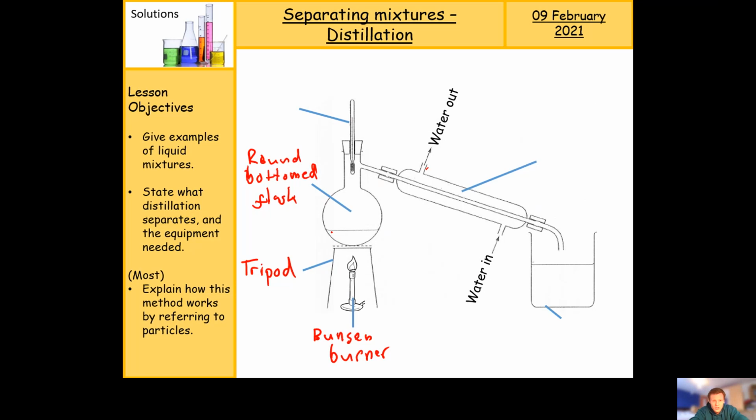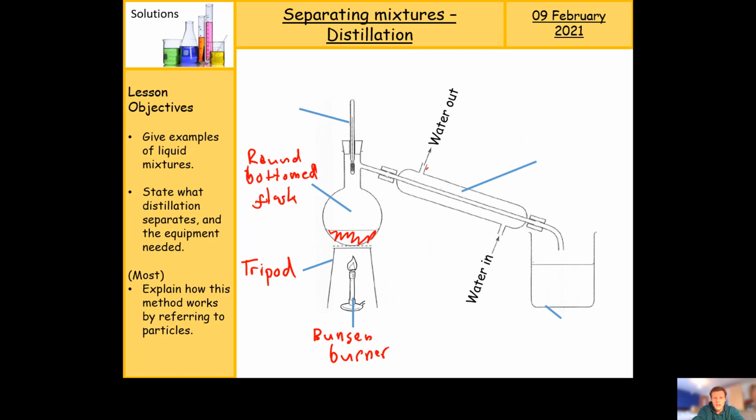And this is where we've got our solution. So we can see our solution is in here. For this example, we might be talking about salt and water. So here's our salty water solution in here. And then what we've got is our flame underneath. So we know what's going to happen. This is very similar to our evaporation setup, except instead of being in an evaporation dish, it's in our round bottom flask.